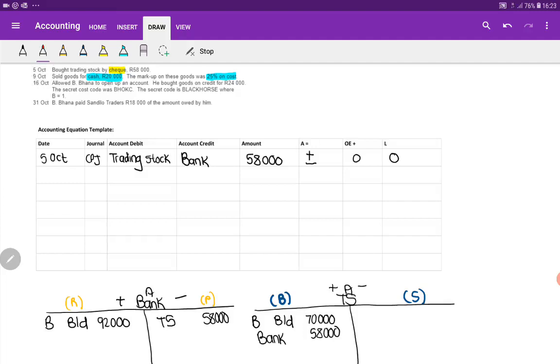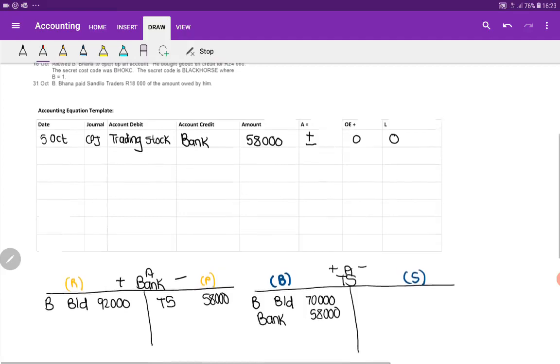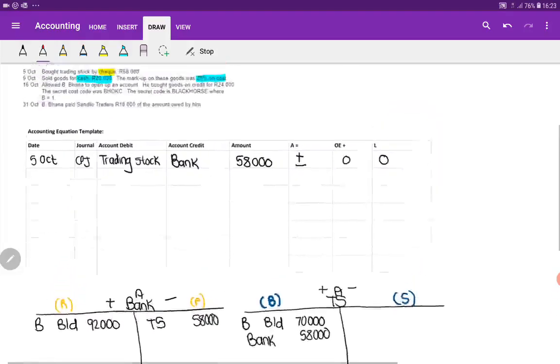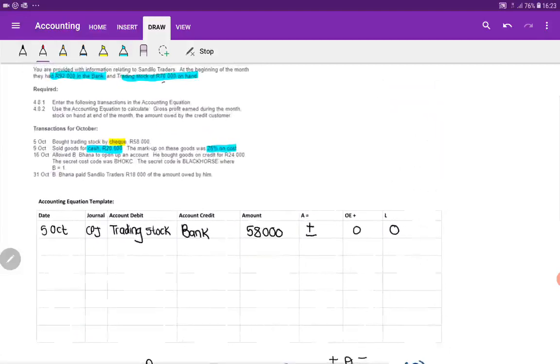So we are going to add a markup. The selling price, let me show the calculations here. The selling price equals 20,000.